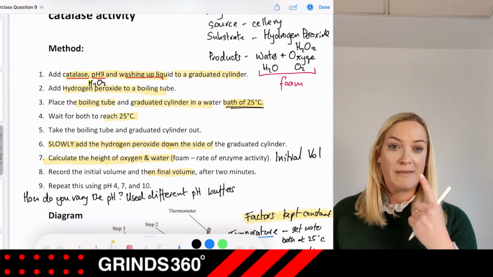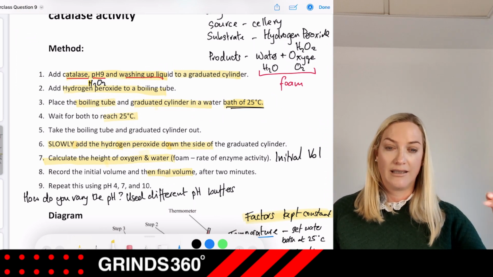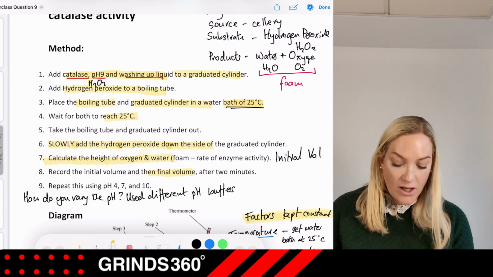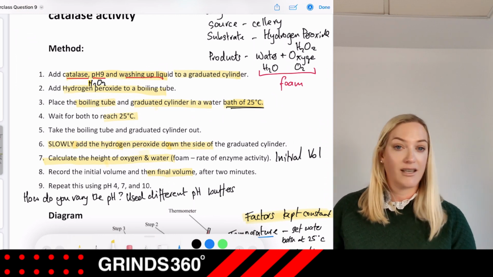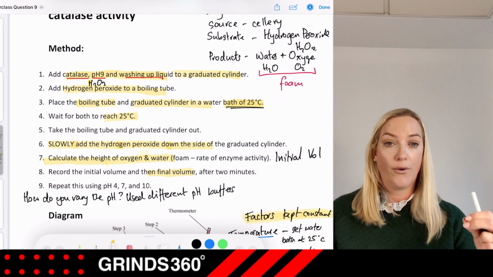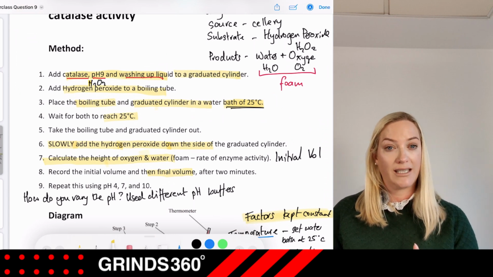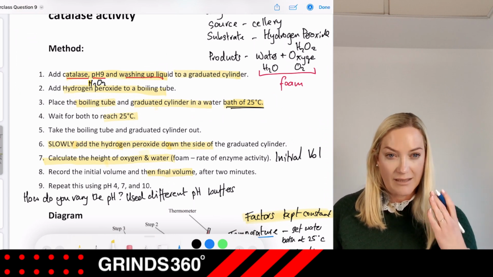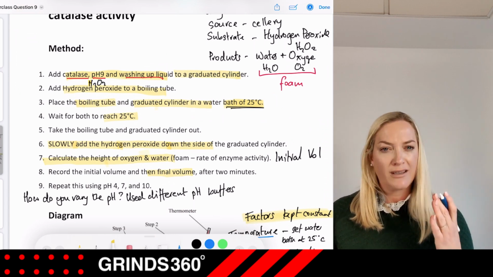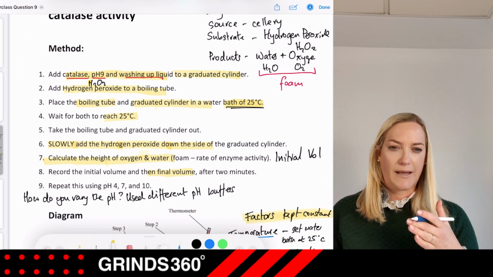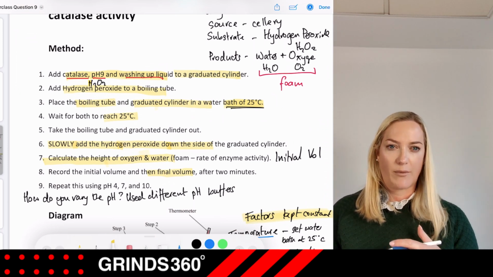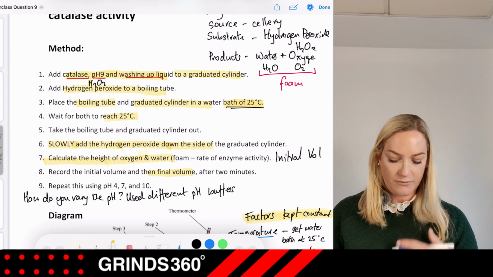Missing one word, 0. If you said add the hydrogen peroxide down the side of the cylinder, no, because you didn't say the word slowly. That's one thing sticking out of my head from 2024, how strict they were with students on the experiments and the detail that they wanted.